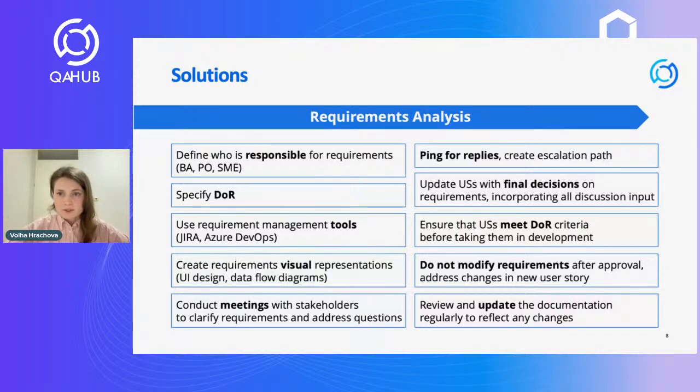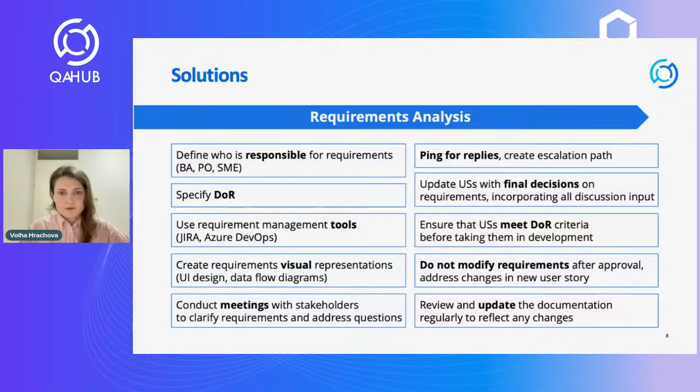Have a user story, and don't just attach the email threads where we have discussed something, because in a month you won't be able to recall what that was, and don't have long threads in the comments. You may have comment threads, but it's better to update the final requirements with the final decision. It can be a QA, it can be some special person who makes these updates, but everything should be reflected in its final version.